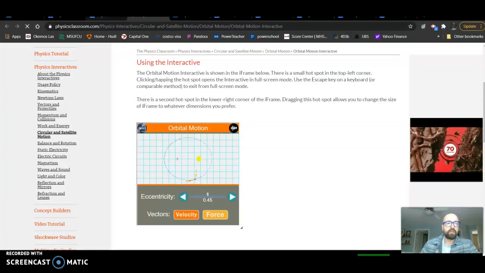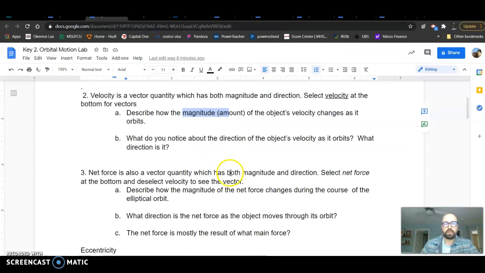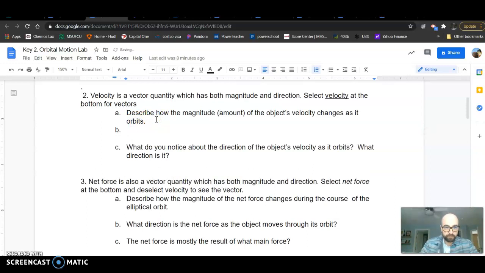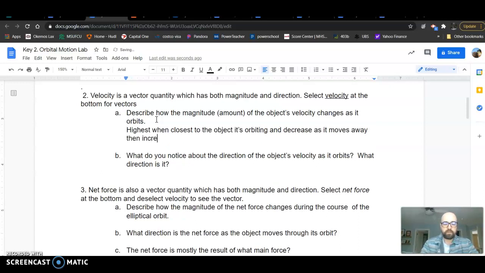And if you need a better look at that, you can always go into the assignment and make sure that you can see it. So the magnitude, how that changes as it orbits, we would say that it is highest when closest to the object it's orbiting, and decreases as it moves away, and then increases as it moves towards.